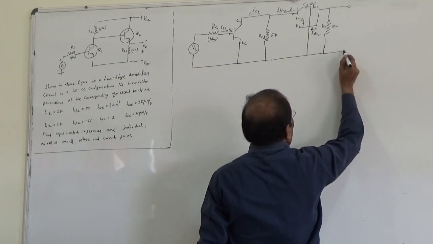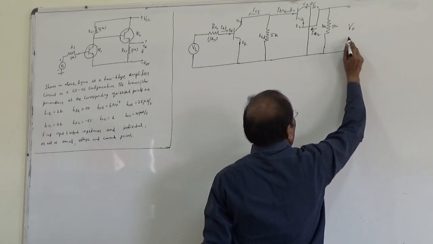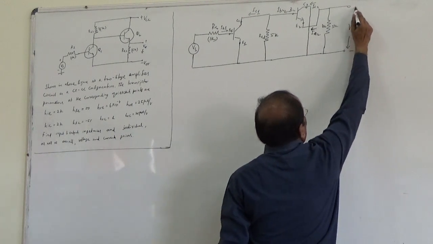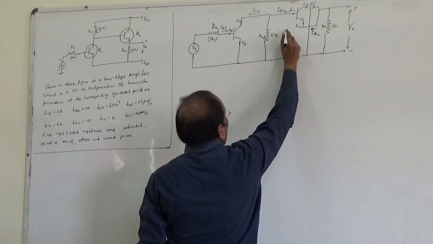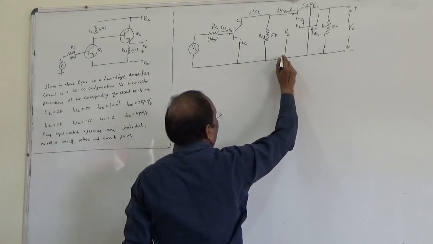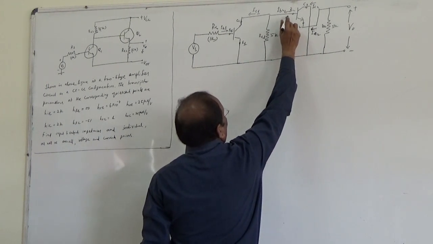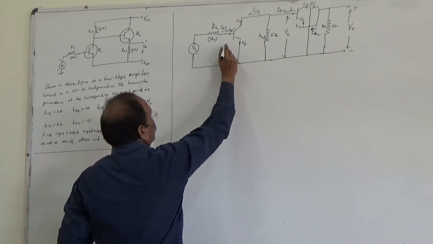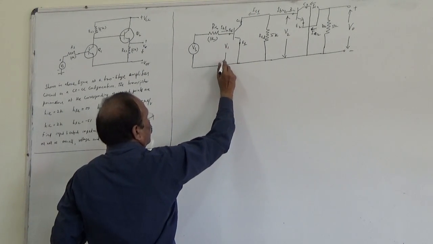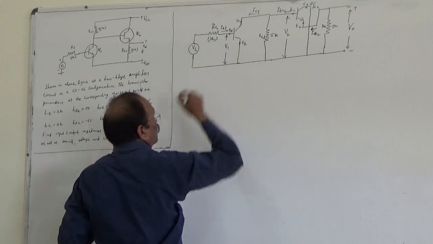Here we are taking the output voltage V0, this voltage as V2, and this voltage as V1.